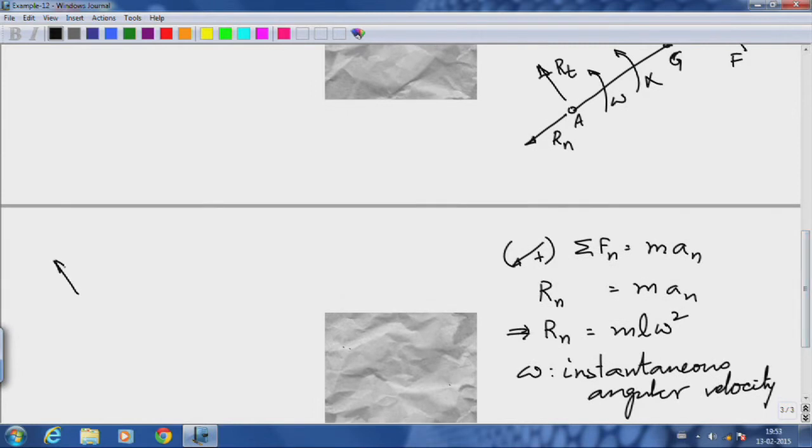Okay, so now let us take on tangential force balance. Sum of all tangential forces is mass times tangential acceleration.